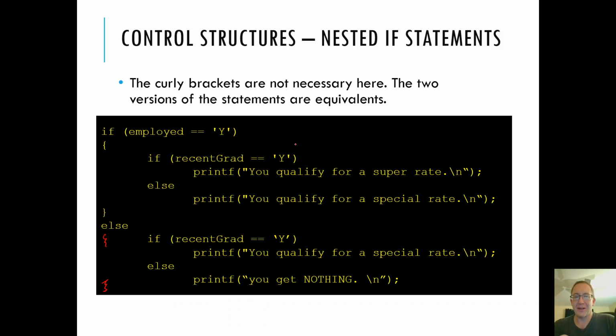If you're a recent grad, then you qualify for the super rate. Otherwise, you qualify for a special rate. Else, if you are a recent grad, you qualify for a special rate, else you get nothing, and maybe openly mocked by the computer. But notice these two special rates, I got repeated code simply because of how this thing was written.